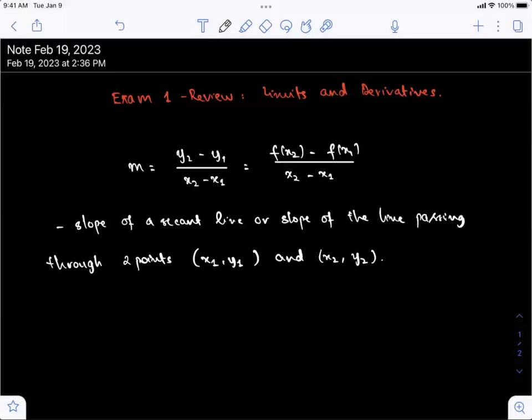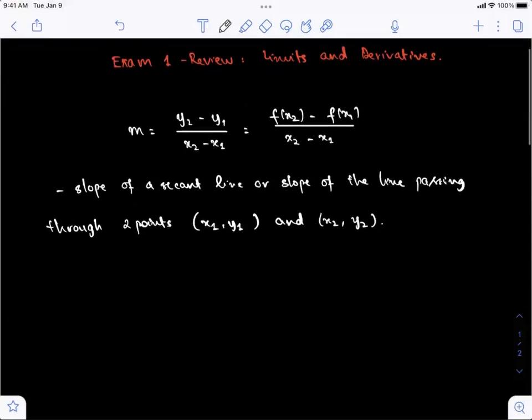You can swap y2 by f of x2 and y1 by f of x1, and it carries the same meaning. Also, you can use this formula to calculate the average velocity or average rate of change of an object moving between two time periods.